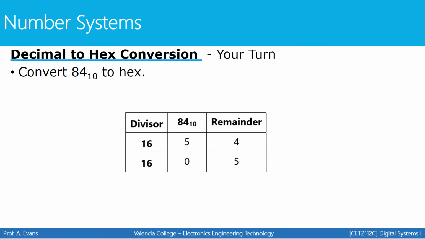If you decided to do repeated division by 16, here's what your table would look like. 84 base 10 is equal to 54 base 16. If you decided to do repeated division by 2 and then convert it, you still should have ended up with a final answer of 54 base 16.